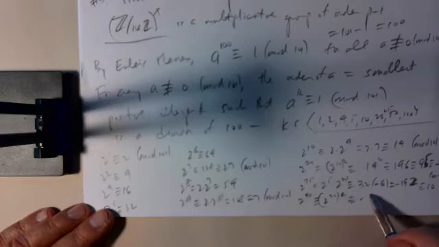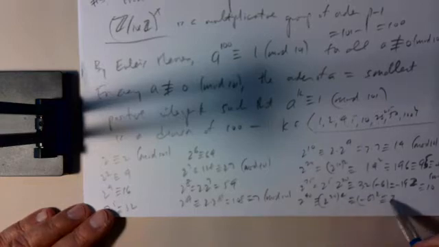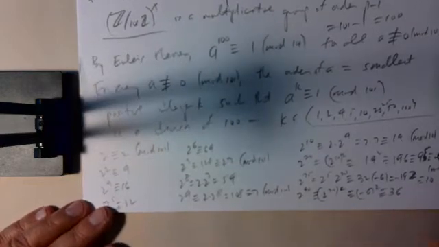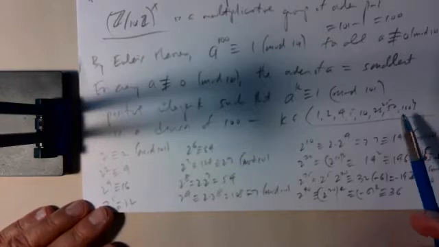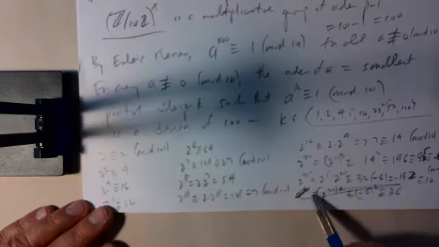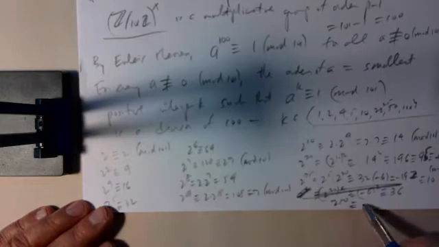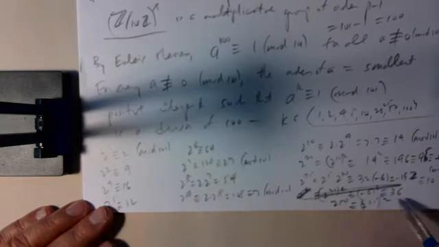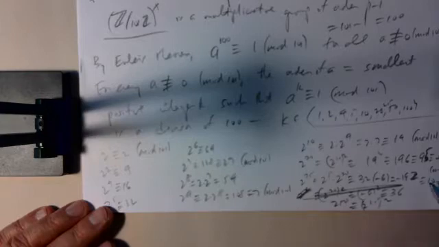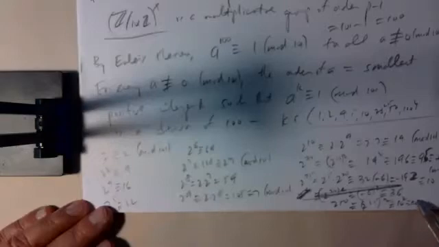That's minus 6 squared, which is 36. And the last number, oh, I don't even need to check 2 to the 40, so forget that. But 2 to the 50, that's 2 to the 25 squared. That's 10 squared, which is 100, which is minus 1.